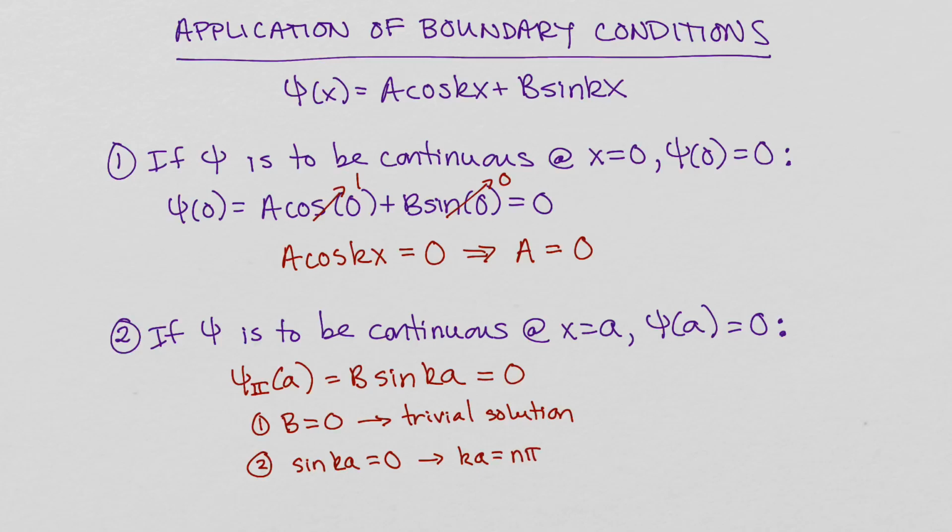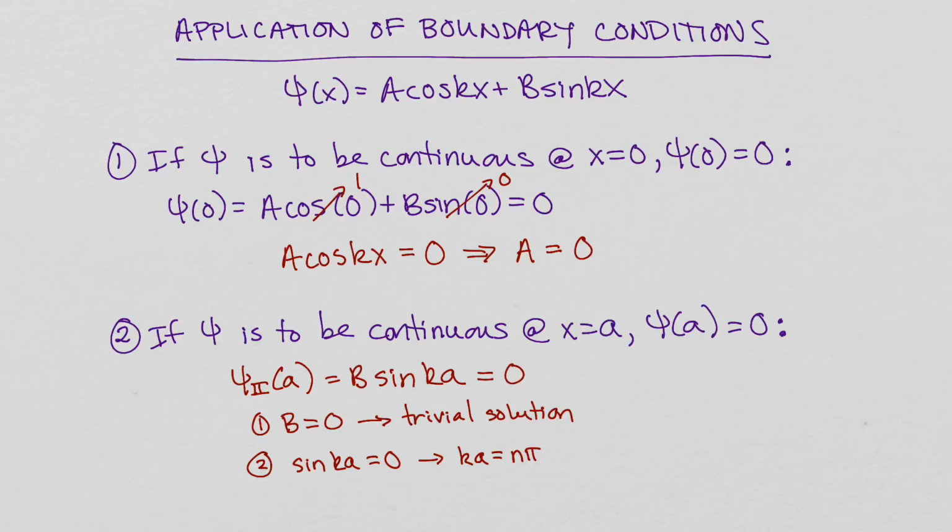So we'll say that ka is equal to n pi. You can remind yourselves of where your sine function equals 0. If you plot that, you'll see that you cross the 0 value at integer values of pi.